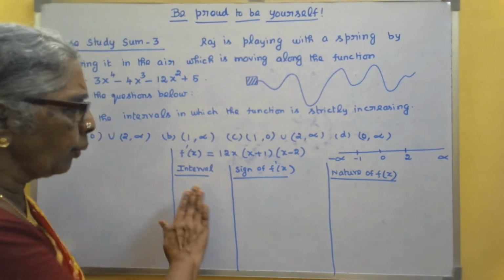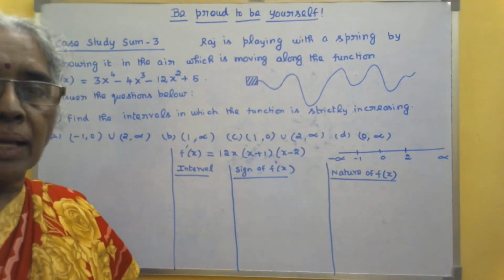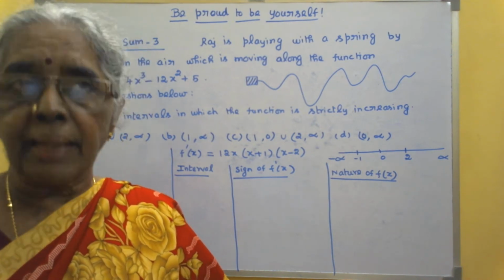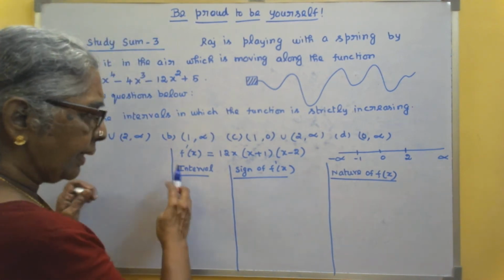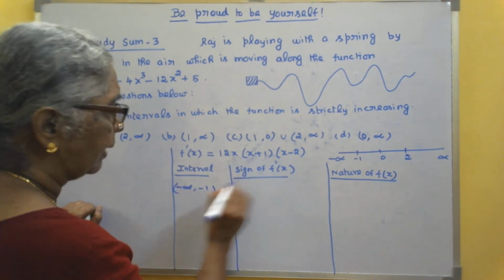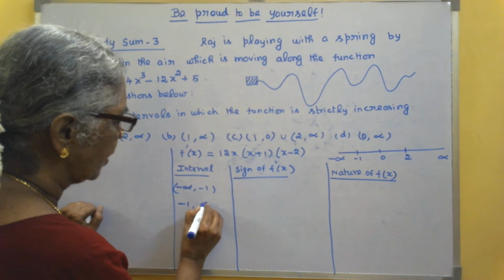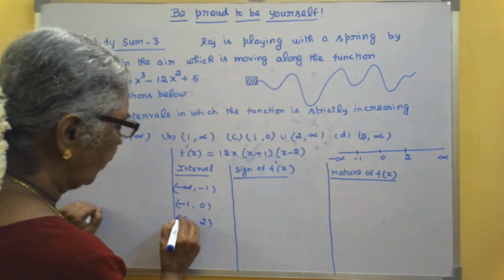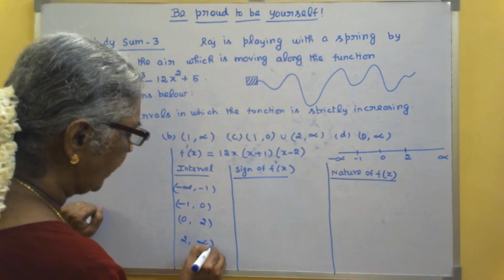Okay. So now you have a tabular column like this, as you will do in the increasing decreasing. You remember how you find intervals. In the interval, I will first write minus infinity to minus 1. The second interval is minus 1 to 0. The third one is 0 to 2. The fourth one is 2 to infinity.